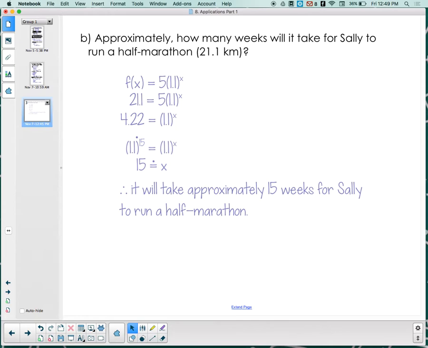So again, that means you need to take another big jump. If you are close, then you should only go up by 1 exponent. But if you still have ways to go, go by 2s or go by 3s. I don't expect you to be going 1.1 to the power 2, 1.1 to the power 3, 1.1 to the power 4. You need to look at your answers and see how much of a jump you need to do.